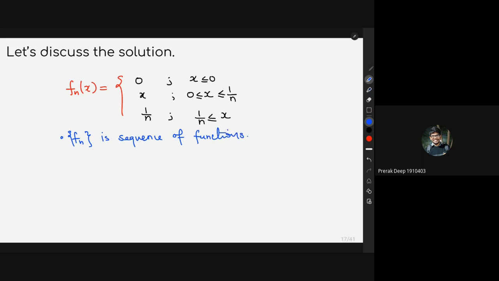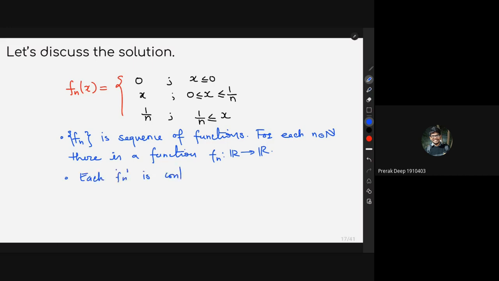It means for each n in N, there is a function fn from R to R. And second of all, each fn is continuous.